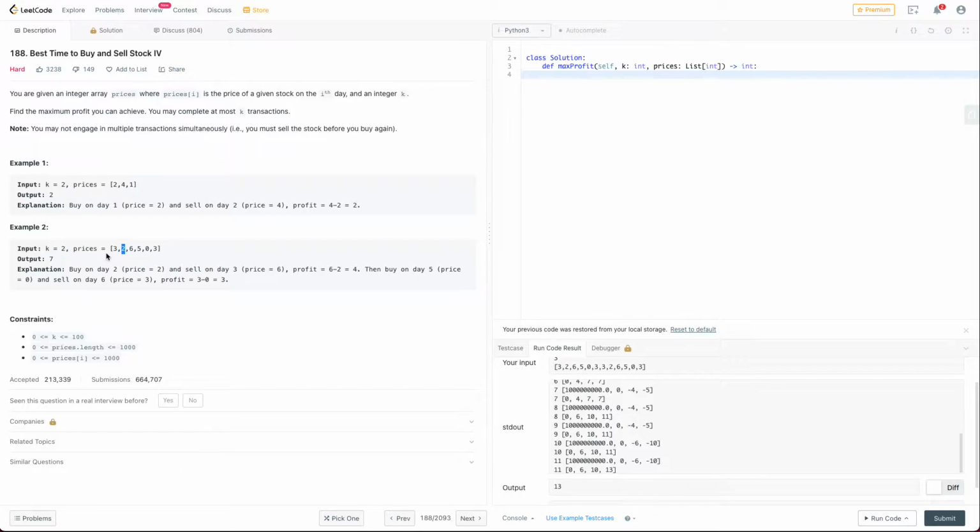So if k was 3 or 5 or 2 or whatever, then on this index you just say, okay, what was the most optimal thing that I've done in the previous time step, and then let me leverage that information to see if I can actually do better if I were to inject a new transaction here.